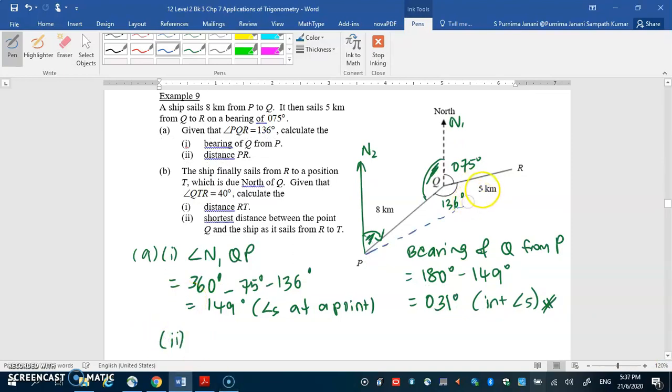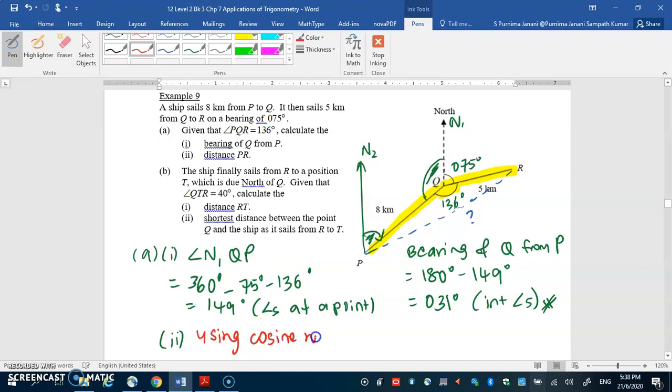You have to draw a dotted line from P to R. They want you to find PR. Now, given that you know PQ to be 8 kilometers and QR to be 5 kilometers, and you know the angle in the middle is 136, but you want to find the opposite side, which is PR, remember, you can use cosine rule. You have 2 sides and the angle in between, right?